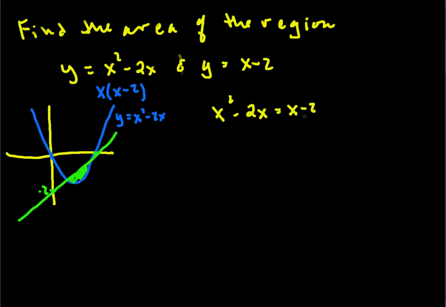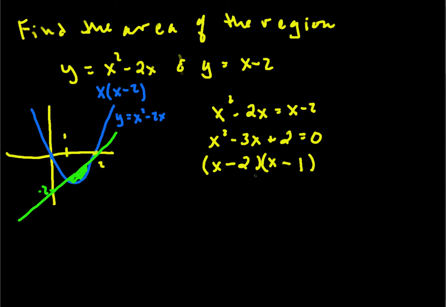Solving this, I get x squared minus 3x plus 2 equals 0, which factors into x minus 2 times x minus 1. So now we know that the spot where they intersect is 1, and this other spot, which we knew already, is 2.